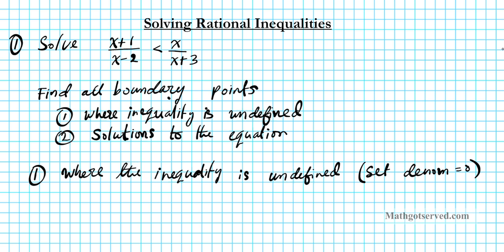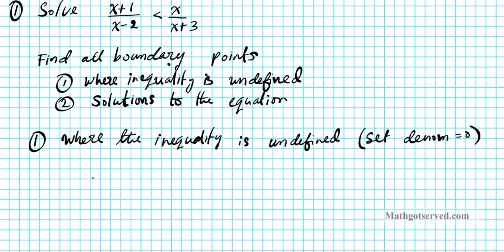We have two denominators here, so we have to set both of them to 0. The first one, x - 2 = 0. You add 2 to both sides, and we have x = 2. This will be our first boundary point. The next one, x + 3 = 0. You subtract 3 from both sides. x = -3 will be our second boundary point, okay?